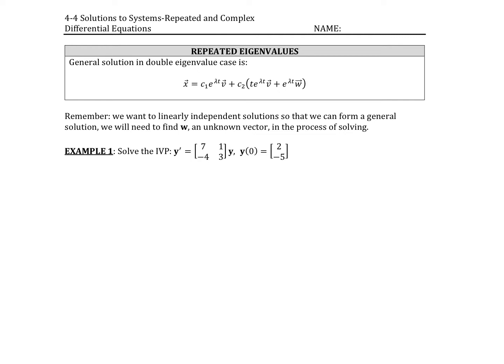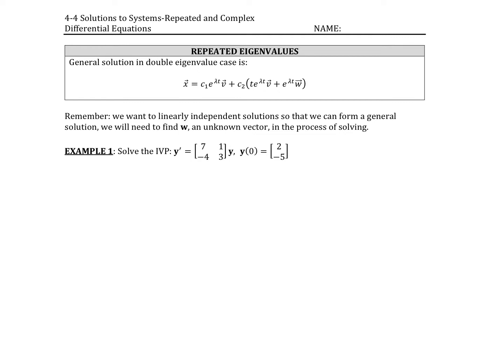Because when we go to find our eigenvalues, we need as many eigenvectors as there are eigenvalues, and there are two eigenvalues. The problem is they're the same. So if we use the same vector, they wouldn't be linearly independent. So we have to go through another step with these eigenvectors.